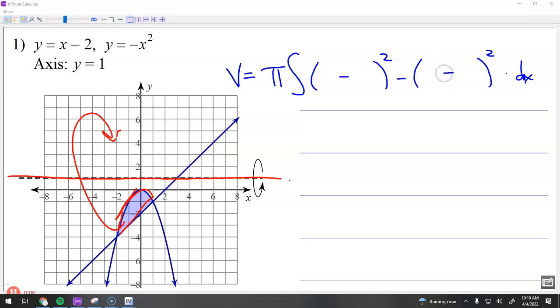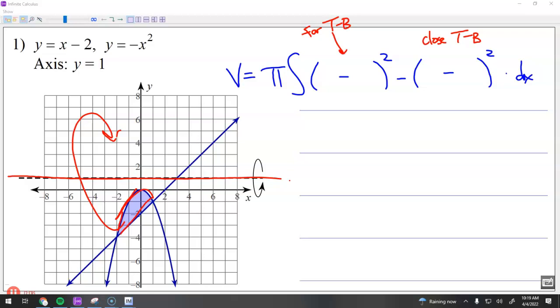So this is kind of your start. And then what's going to go in this spot is your far top minus bottom. Looks like I wrote far. And then your close top minus bottom. So we got to know which one's which.